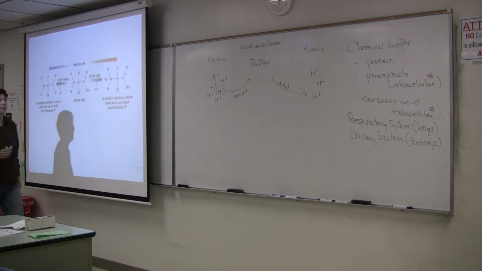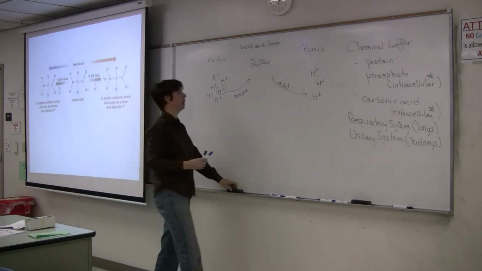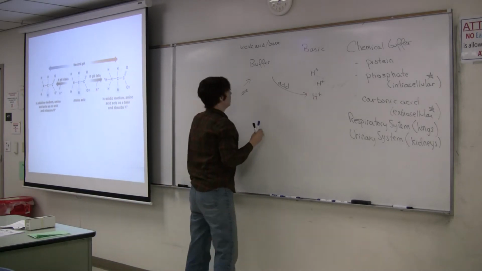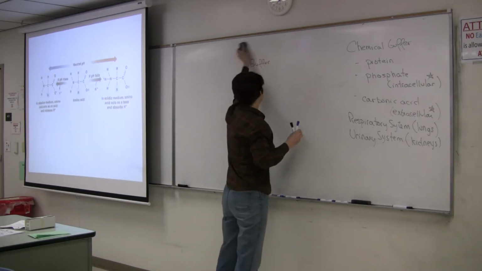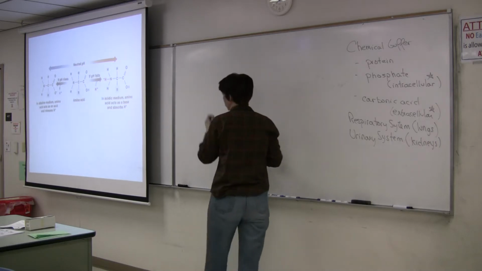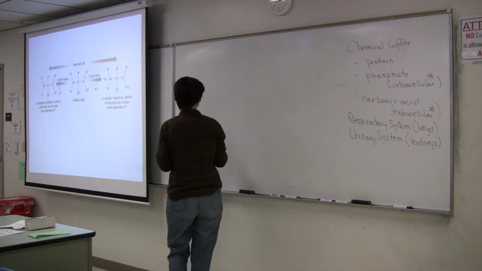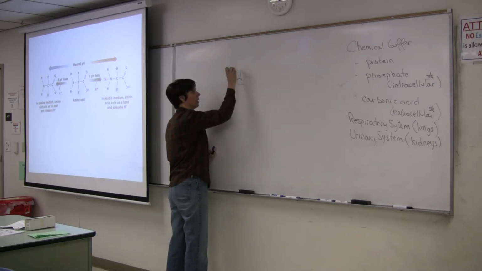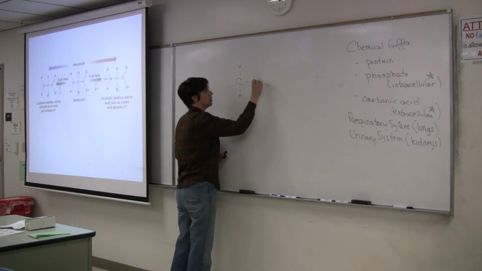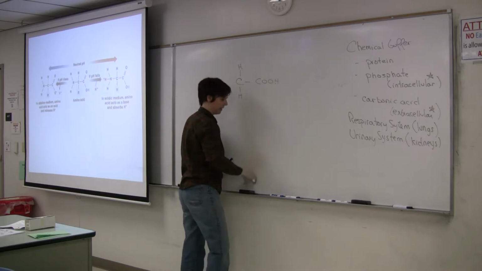So here's an example of how an amino acid or a protein works as a buffer. Remember, to be a good buffer, it has to be able to either accept or give up a hydrogen ion depending on the situation. So amino acids have this acidic group.